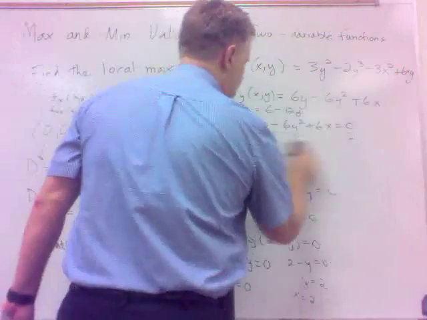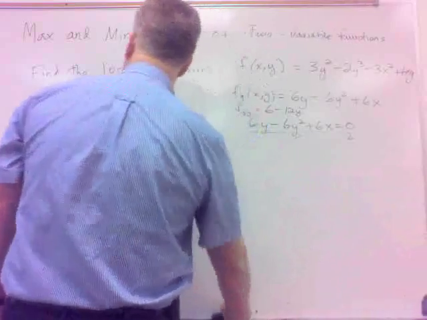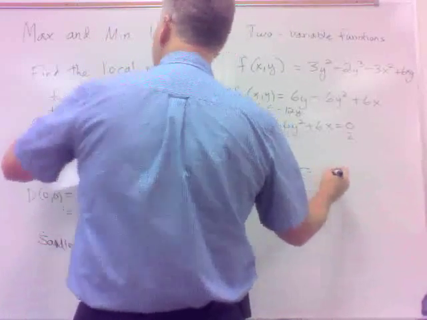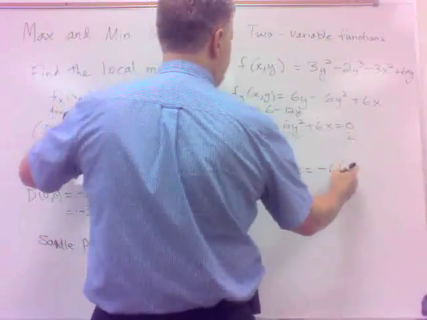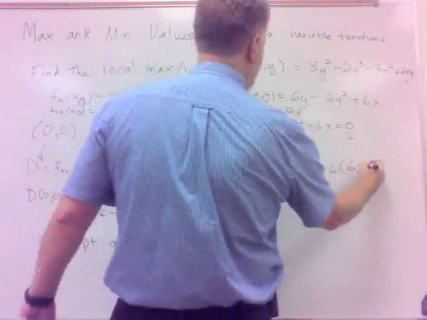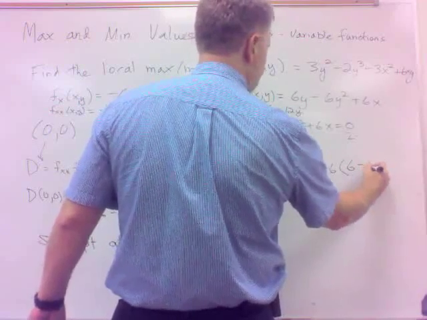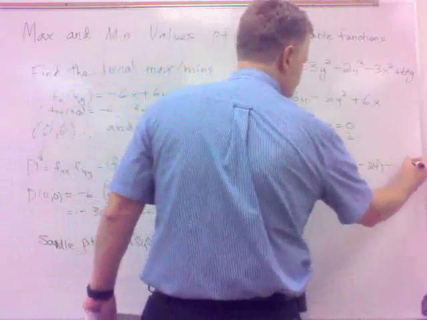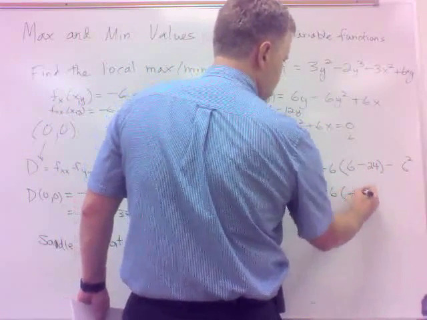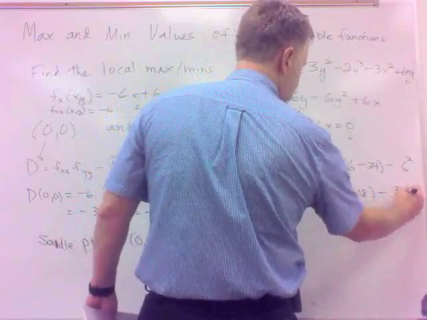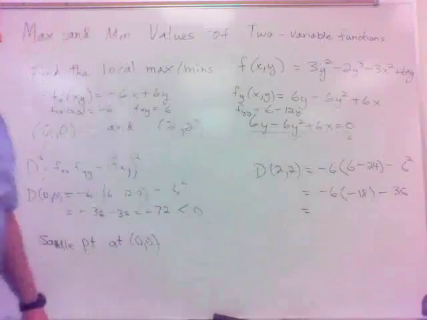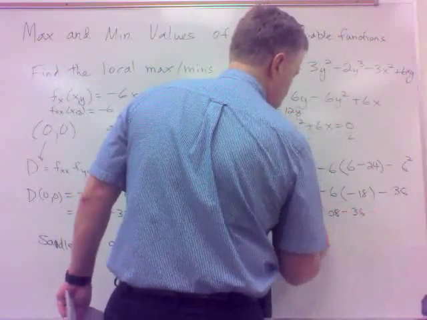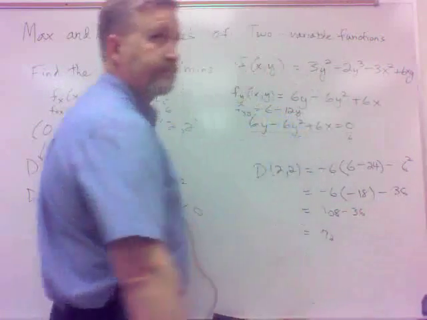Okay, so D at 2, 2, we would have fxx is still negative 6, but then fyy is 6 minus 12 times 2, which would be negative 18, minus fxy, so it would still be 6 squared. So that's negative 6 times negative 18 minus 36, so that's going to be positive, isn't it? 108 minus 36, positive 72.